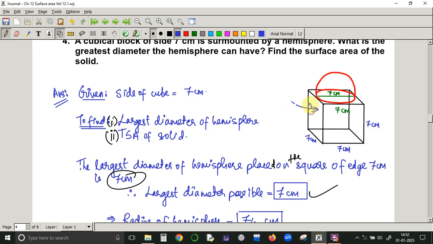So this face is available, this face is available, front face, back face, bottom face is available. Now coming to the top face, we can touch only this part. We can touch over here, but we cannot touch inside the hemisphere. So the circular region has to be subtracted.